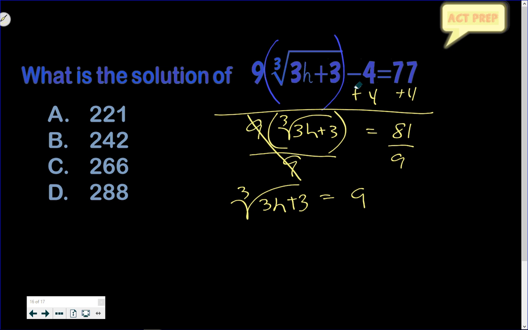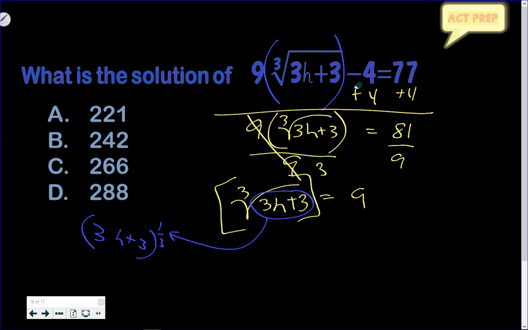Do you want me to change this, or can I just do this? You can just change it like that, because you know it's going to end up being what? This right here is the same thing as 3/8 plus 3 to the 3rd. Okay, so now, by cubing it, I'll lose my radical, right?